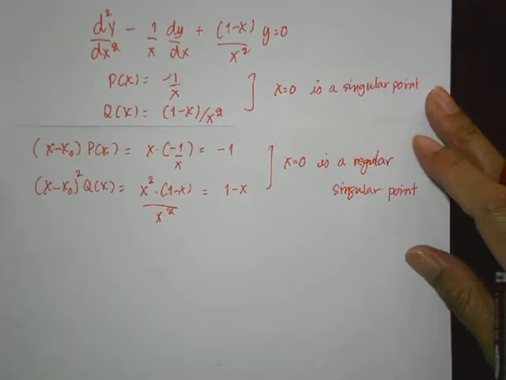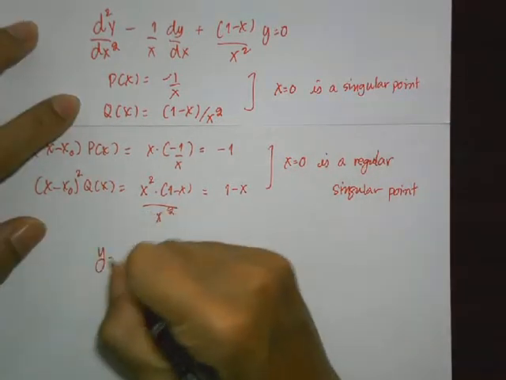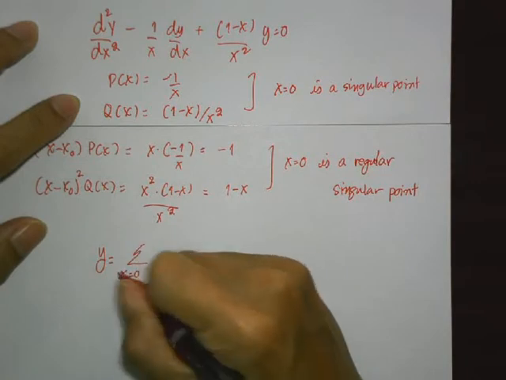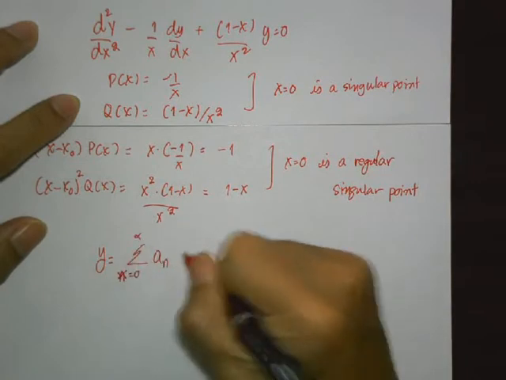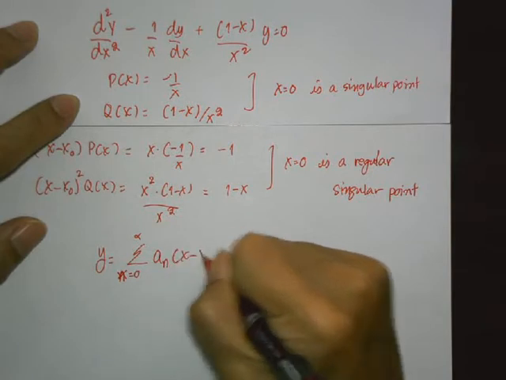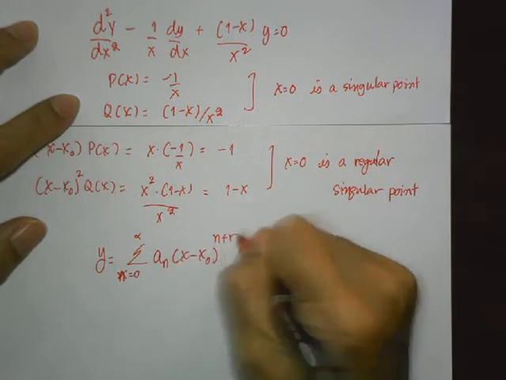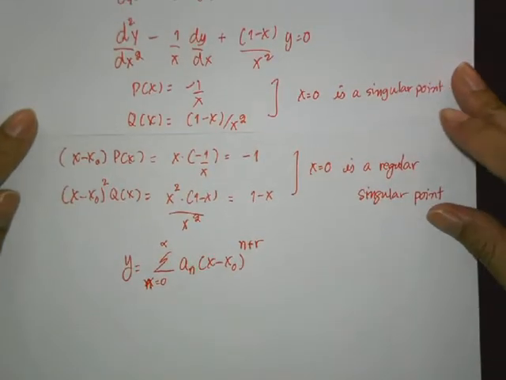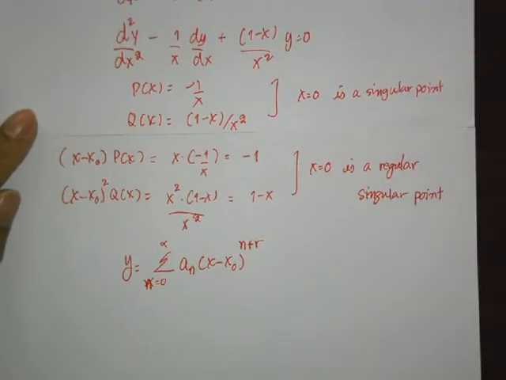We know that we have to assume y is equal to the summation from n equal to 0 to infinity of a_n (x minus x0) to the power n plus r. That means we have to know the value of r. To find the value of r, we can start with the indicial equation.